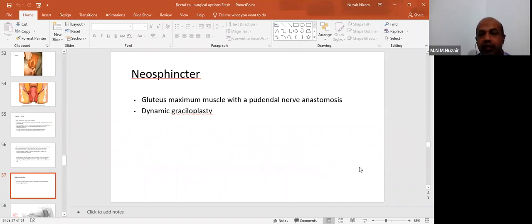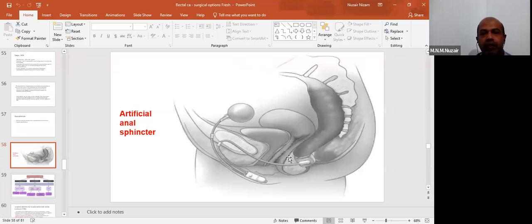So the surgeons are trying to make sphincters with gluteus maximus or gracilis with varying success. Also, some of the surgeons are trying artificial anal sphincter after doing APR. So the patients don't like colostomy, so they're trying artificial anal sphincter. This also has various successes.